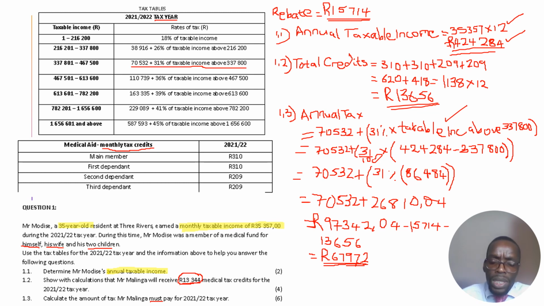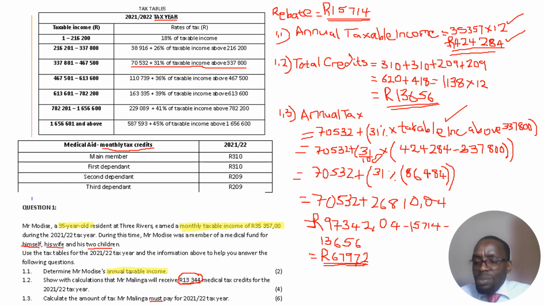Sometimes the person might be just himself and the wife, and they don't have any kids. Then it would mean that we are just going to have main member and first dependent. Then you calculate that this is monthly, so you need to convert that to annual. Okay, I hope it's very clear there.